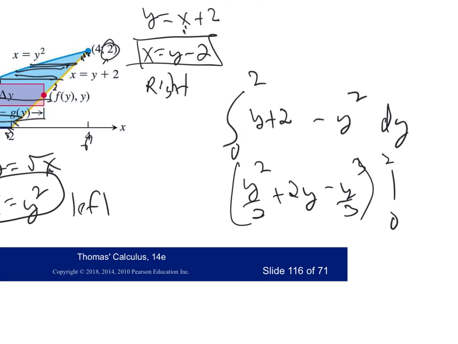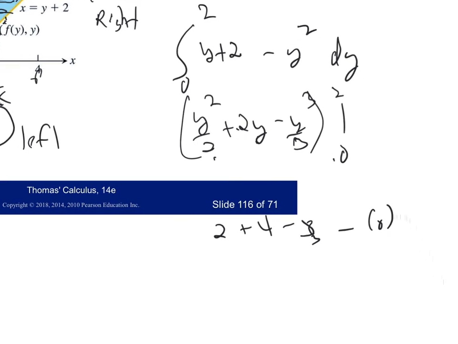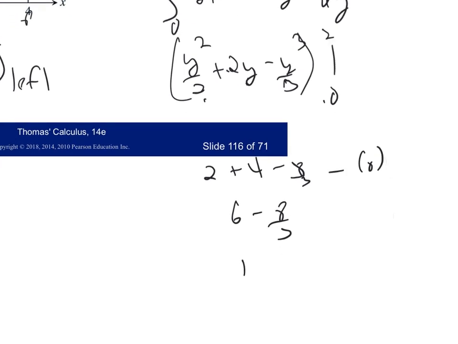That gives me 2 squared is 4. 4 over 2 is 2. Plus 2 times 2 is 4. Minus 8/3. When I plug in the 0, that all turns to 0. That is 6 minus 8/3. That's 18/3 minus 8/3, and same answer, 10/3.